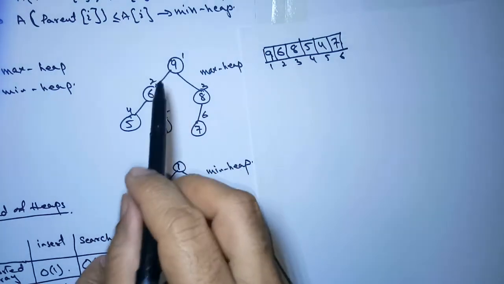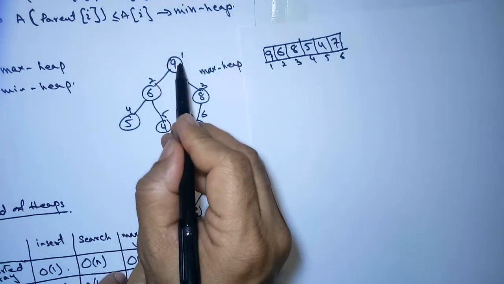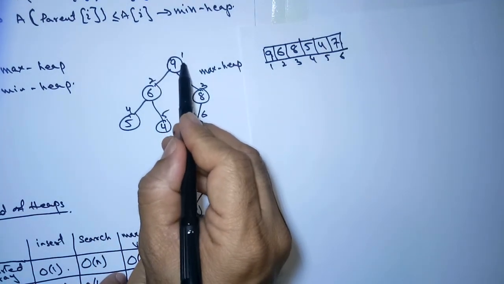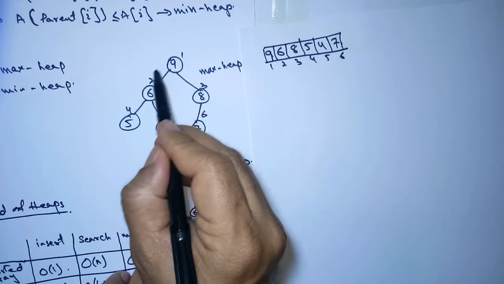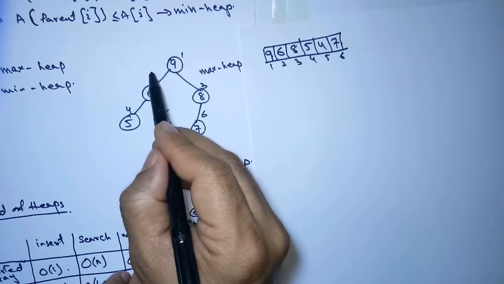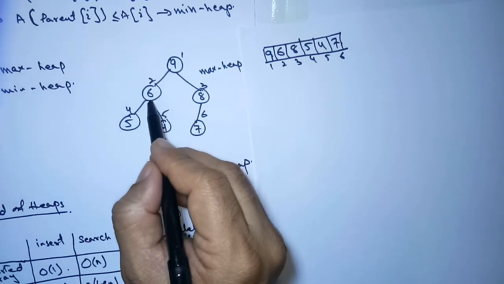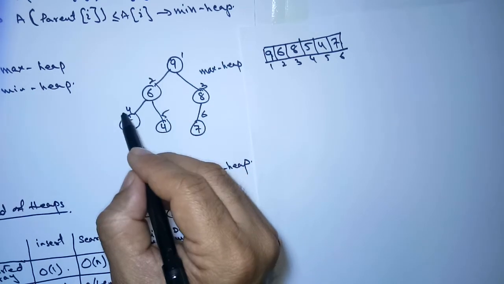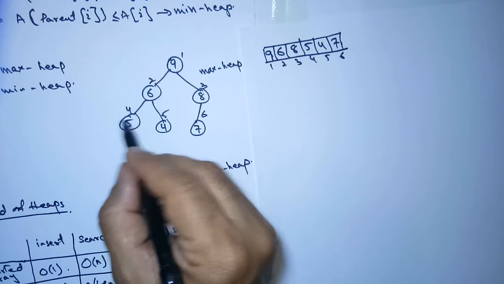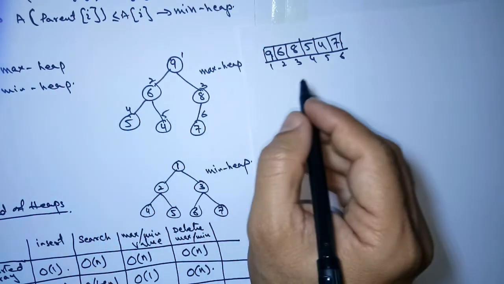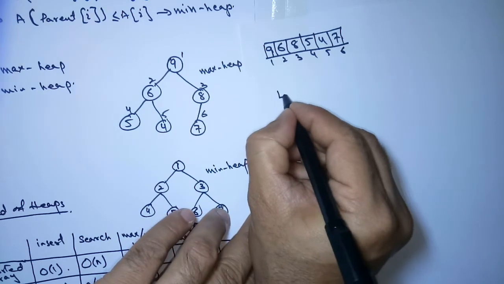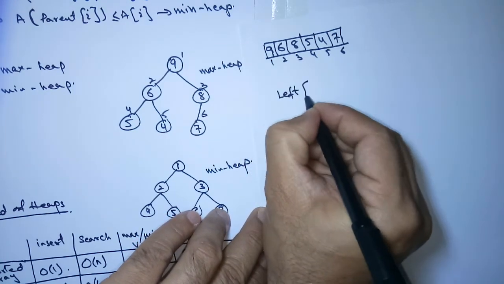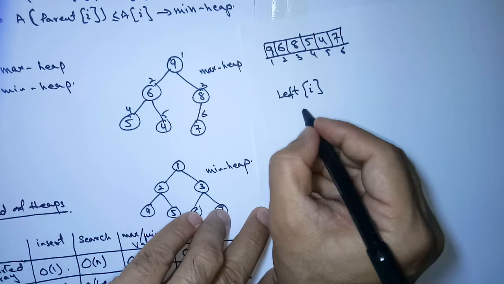So if you see, if I want to find the child of this node, that is 1, the left child of this node is 2, right? And the left child of 2 is 4. The left child of 4 will be 8. So if I am going to find the left child of some node i, that is very easy.